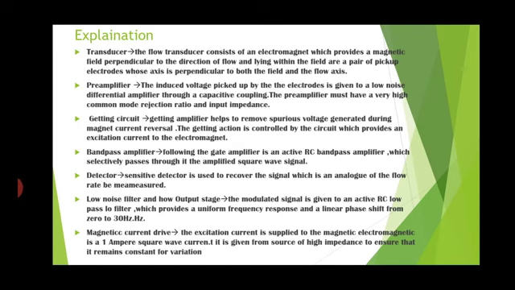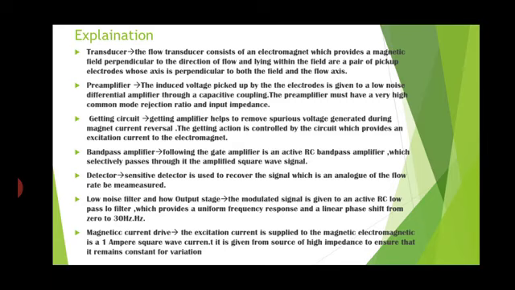Explanation. Transducer. The flow transducer consists of an electromagnet which provides a magnetic field perpendicular to the direction of flow, and lying within the field are a pair of pickup electrodes whose axis is perpendicular to both the field and the flow axis.